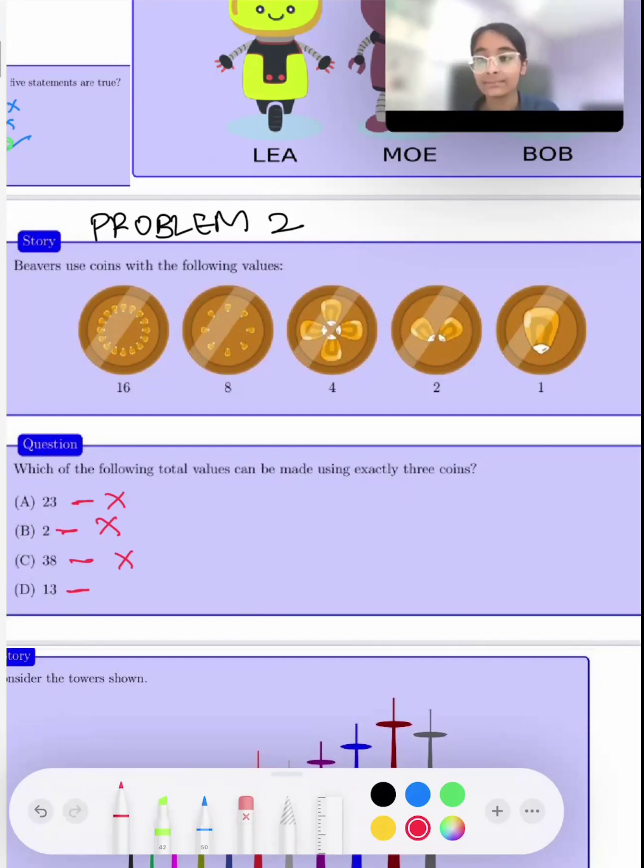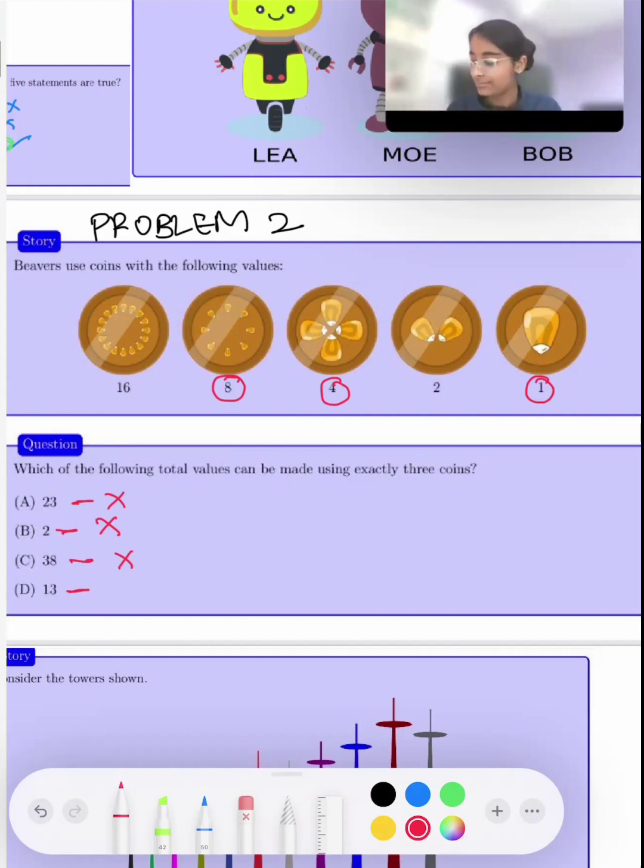Anyone? No, that's okay. So here, if we see, we have an $8 coin, we have a $4 coin, and we have a $1 coin. So we can use these 3.